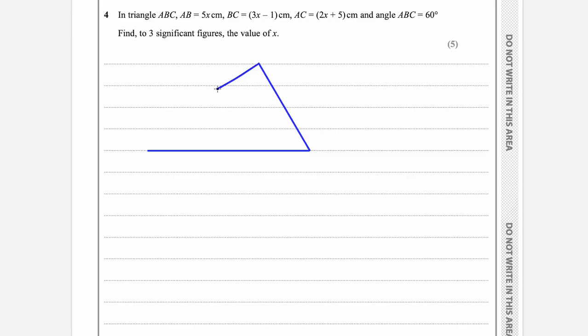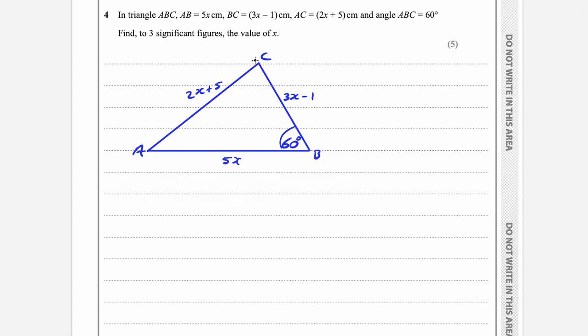And I'm not too sure how long these lengths are, but let's put that as 60 degrees. Okay, this is A, B, C. AB is 5x here, BC is 3x minus 1, and AC is 2x plus 5. Find to 3 significant figures the value of x.